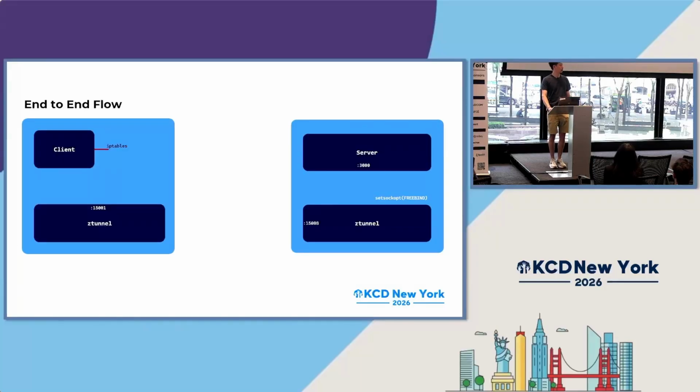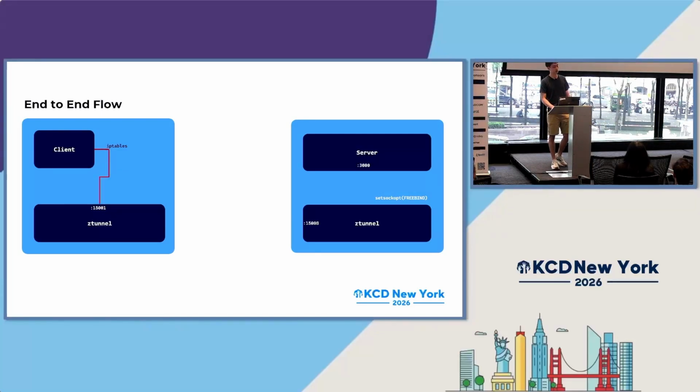So to go through the end-to-end flow, first you have a client, and it sends traffic. At this point, the CNI has set up iptables and has told ztunnel to listen on the ports inside the pod. The iptables will redirect the outbound traffic to port 15001 in the ztunnel.